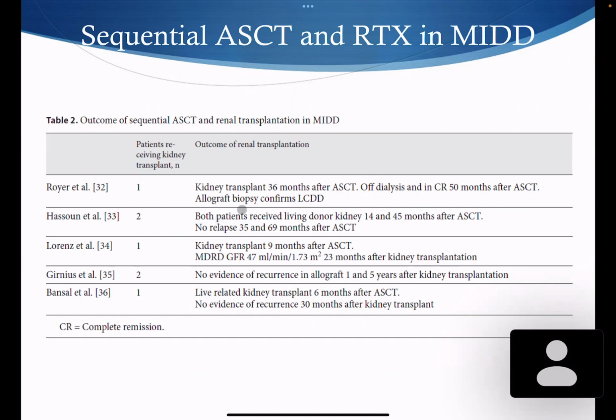Whereas in another report with 2 patients, both patients received a living donor kidney 14 and 45 months after autologous stem cell transplant, with no relapse after 35 and 69 months, no relapses in the kidney of the LCDD or the MIDD.